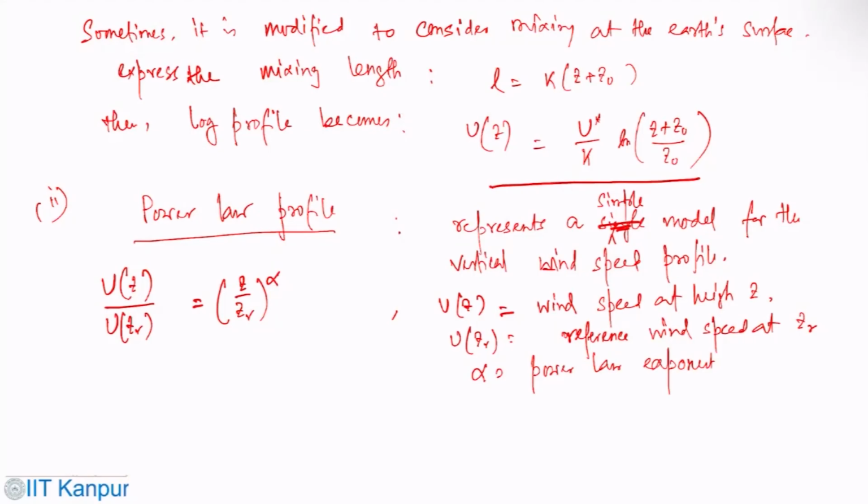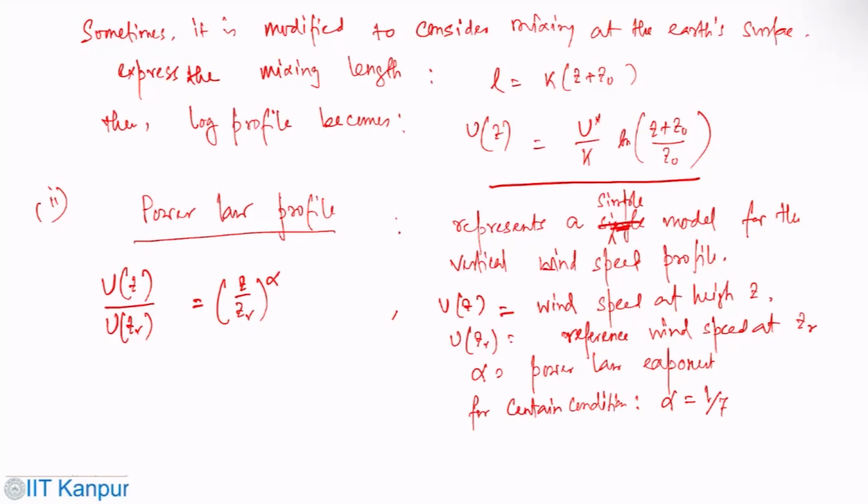Under certain conditions, alpha could be 1/7. It indicates a correspondence between the wind profile and the flow over a flat plate, which was done by the great scientist Listing in 1968.